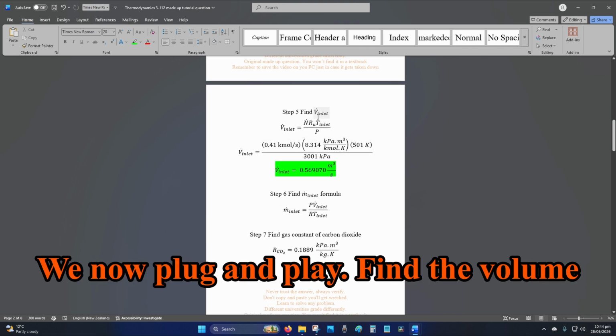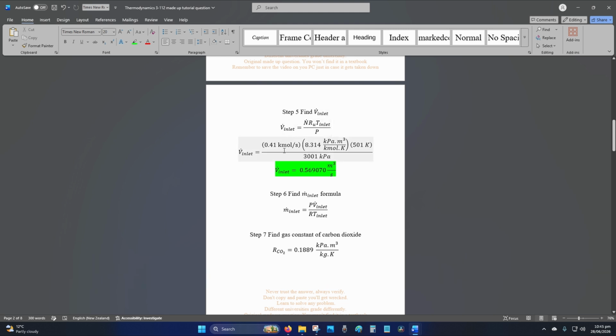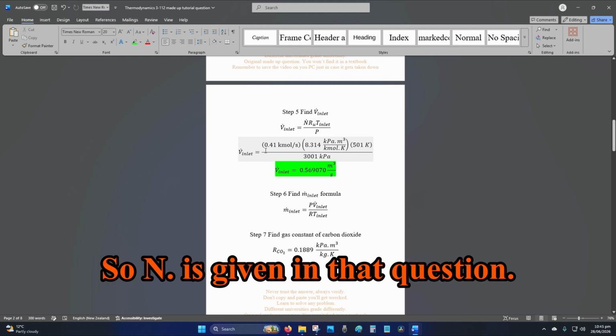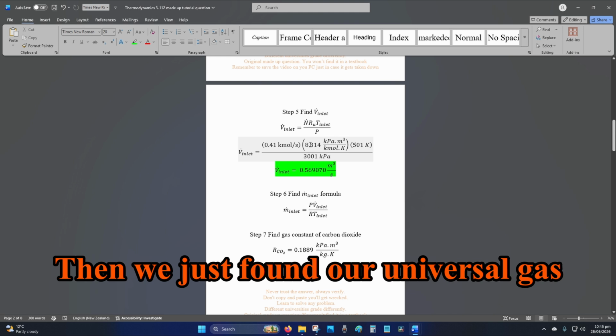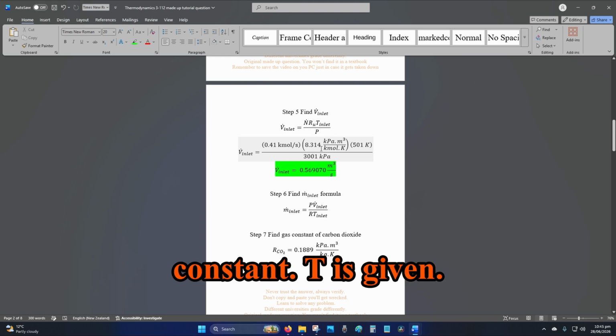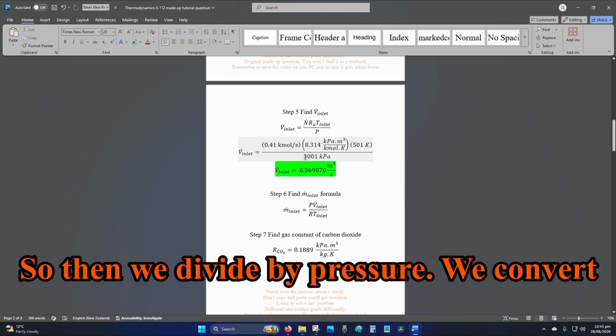Step 5, we now plug and play, find the volume flow rate for inlet, or V dot inlet. N dot is given in the question. Then we just found our universal gas constant. T is given. Then we divide by pressure.